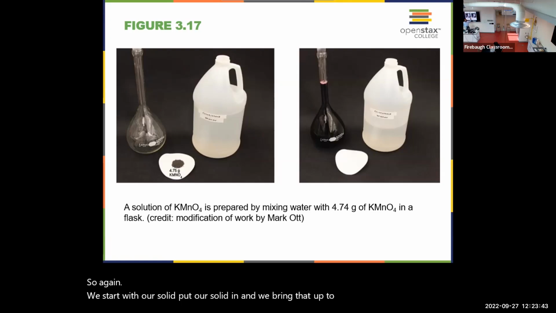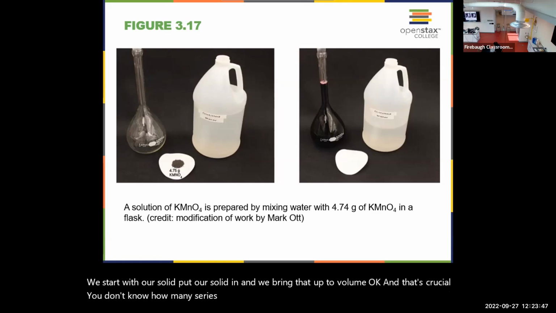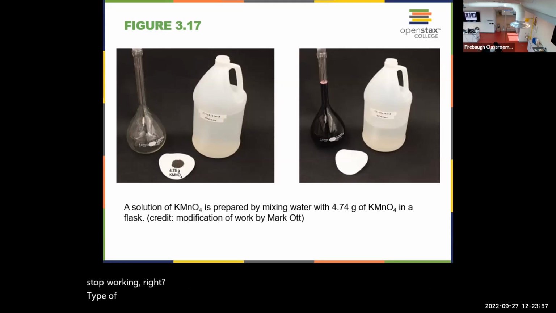Okay? And that's crucial. You don't know how many students I've seen in the middle of the experiment wondering why it's not working. Right? And we're talking about diagnostic types of situations. I'm like, man, I should have a reaction at 5 milliliters. Nothing happened.